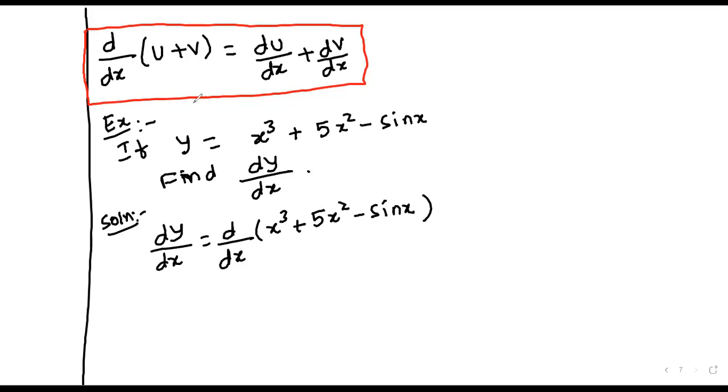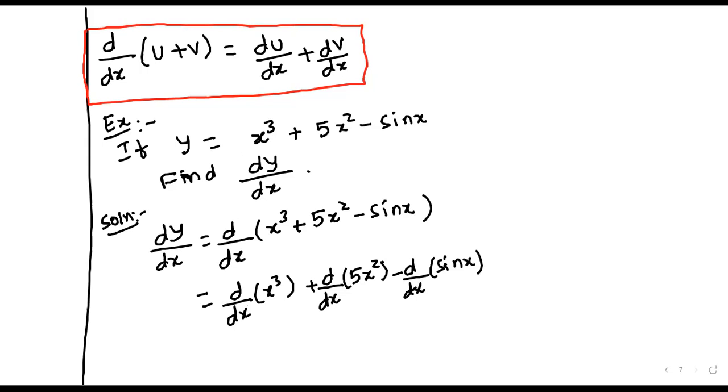Same as before, d by dx of u plus v, I can apply differentiation separately. So I can write it as d by dx of x cube plus d by dx of 5x square minus d by dx of sin x, right?